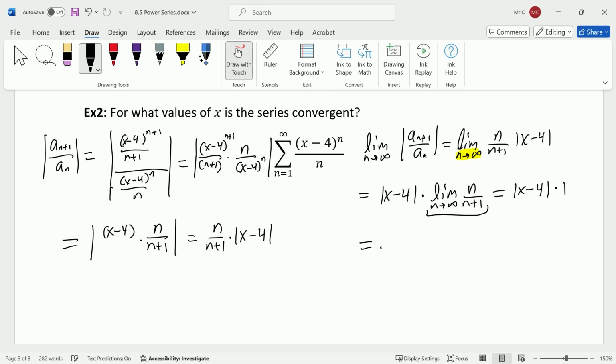So now if I want to apply the ratio test, well, the ratio test needs to check when the result of this limit is less than 1, right? This is what we're checking for, the ratio test condition.